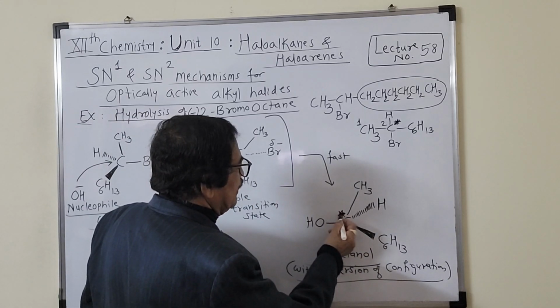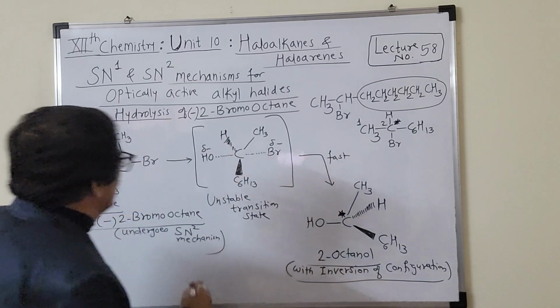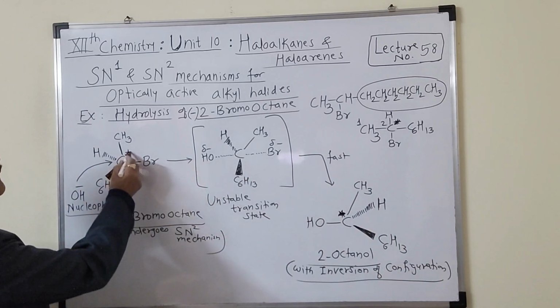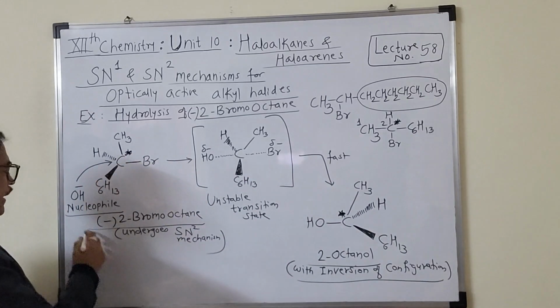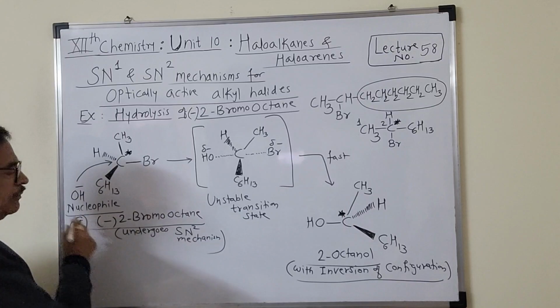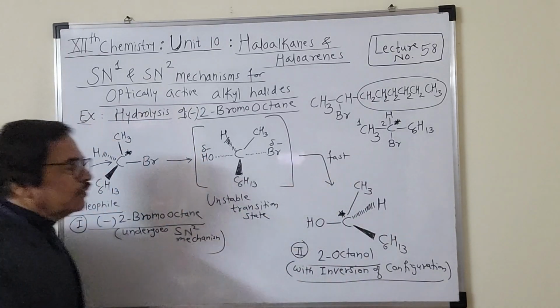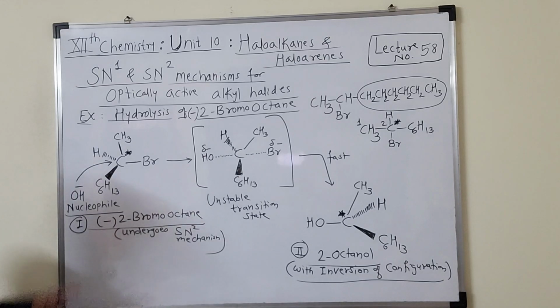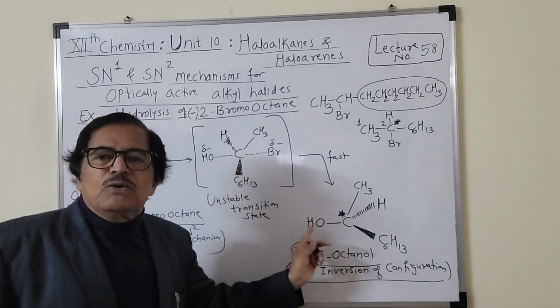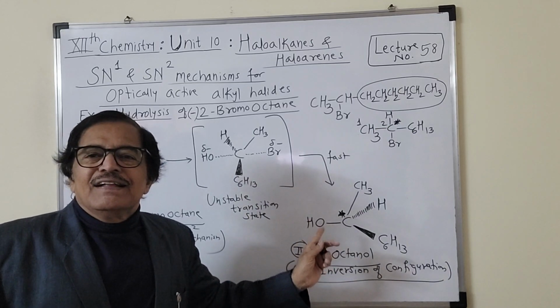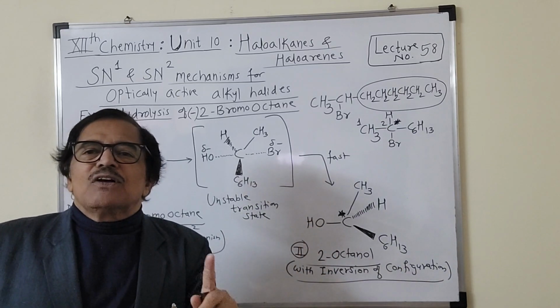This is structure number 1 and this is structure number 2. They will be non-superimposable mirror images. The side to which the C-Br bond was there, now exactly on the opposite side the C-OH bond is there. 100% inversion of configuration.